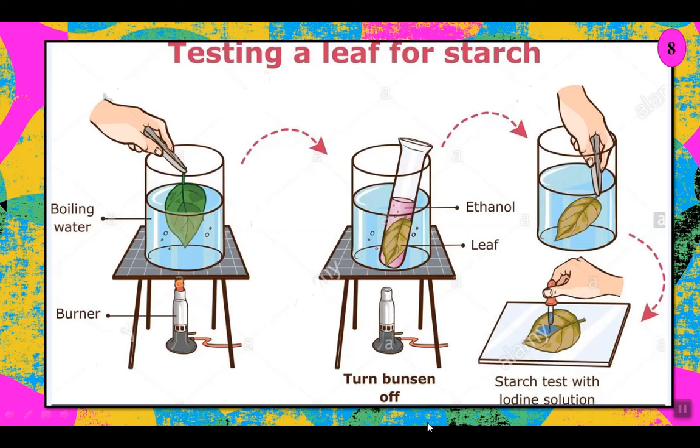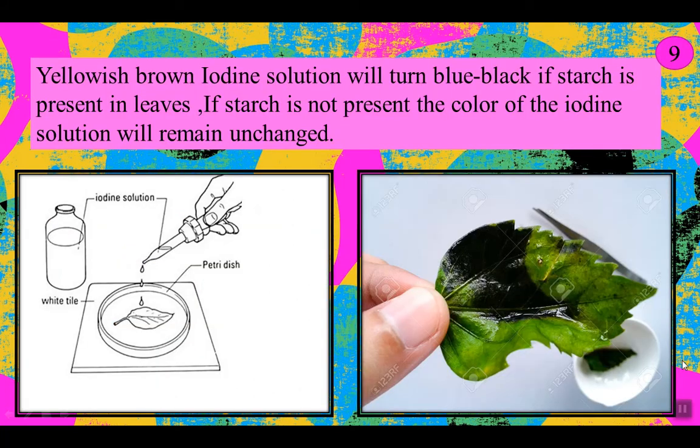If starch is present, the leaf will go blue-black. Yellowish brown iodine solution will turn blue-black if starch is present in leaves. If starch is not present, the color of the iodine solution will remain unchanged.